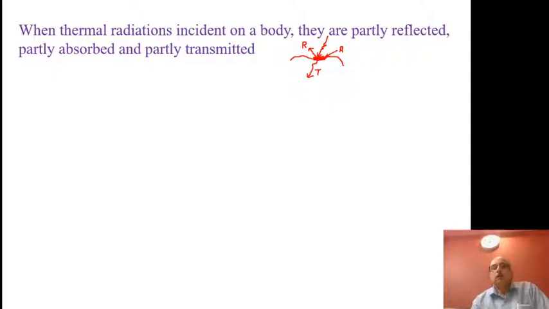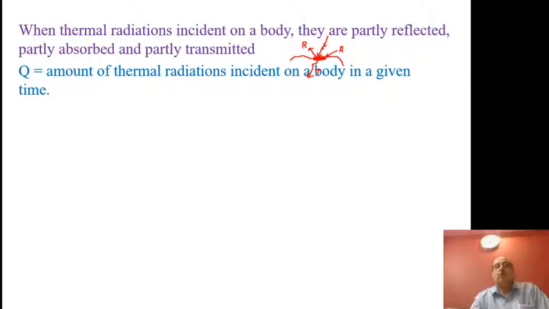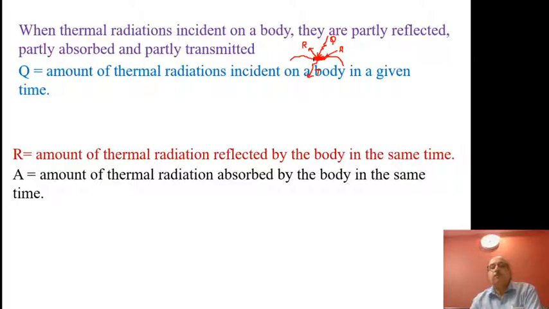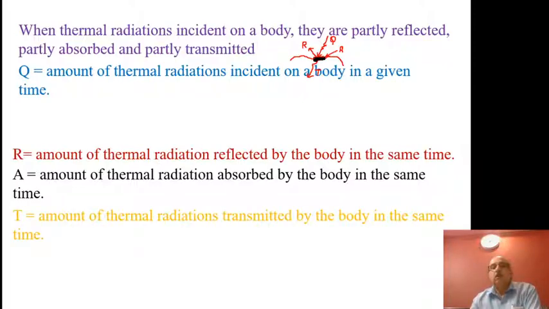So, when thermal radiation Q, that is Q amount of thermal radiation, is incident on a body in a given time, then R is the thermal radiation reflected by the body in the same time, A is the amount of thermal radiation absorbed by the body in the same time, and T is the amount of thermal radiation transmitted by the body in the same time.